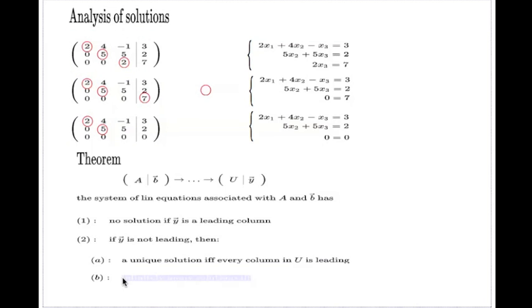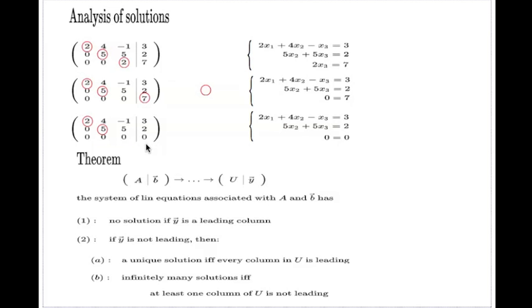On the other hand, if you have a column which is not the leading one, you have infinitely many solutions if at least one column is not the leading one. That's the kind of thing which happened here. And the variable which corresponded to this non-leading column, we parameterize that variable. If you have more than one such variable, you will parameterize more than one variable.